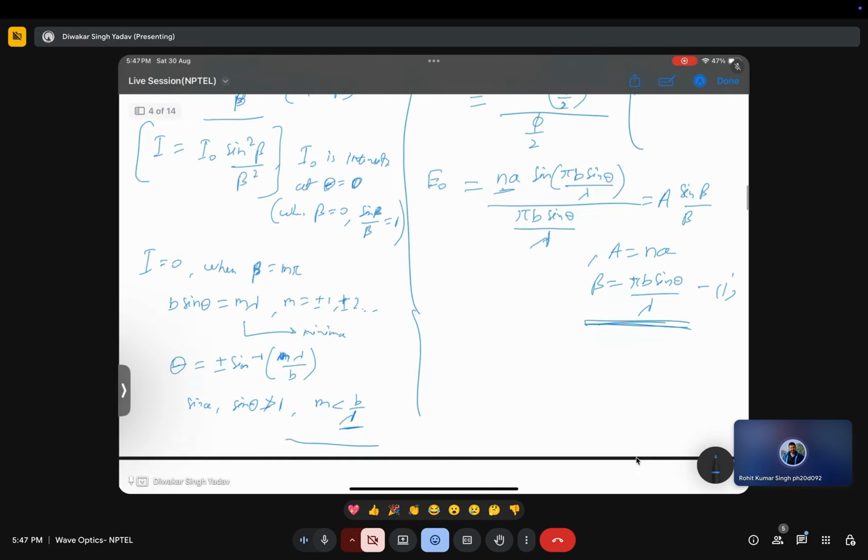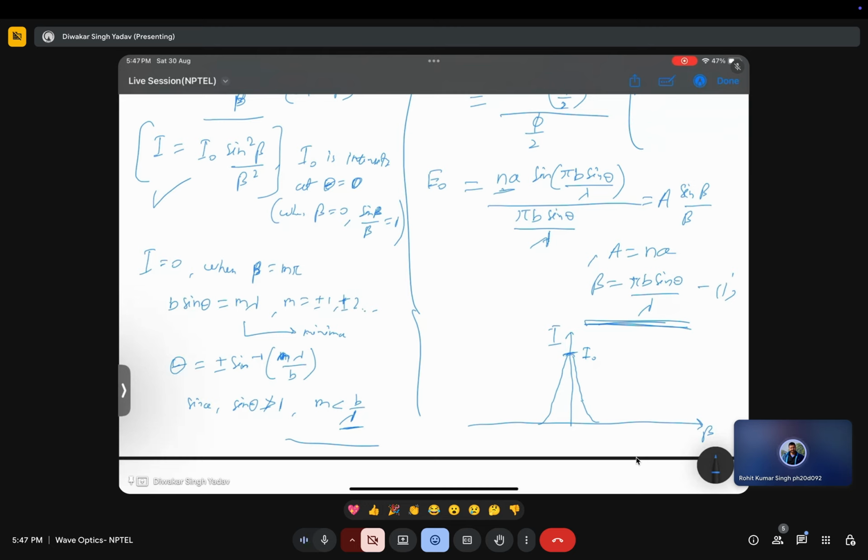And so that intensity pattern, if you want to draw it as a function of beta, it will look something like this. You have the maxima at beta equal to 0, which is I naught that we have calculated here.